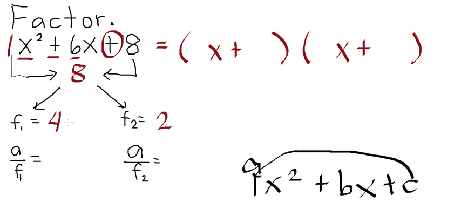Gaya nga nasabi ko sa inyo, lagi niyong unahin yung mas malaking factor sa f sub 1 at yung mas maliit na factor sa f sub 2. Then, let's have a over f sub 1, which is 1 over 4. And our a over f sub 2 is 1 over 2. Parehas na yung hindi na masisimplify.